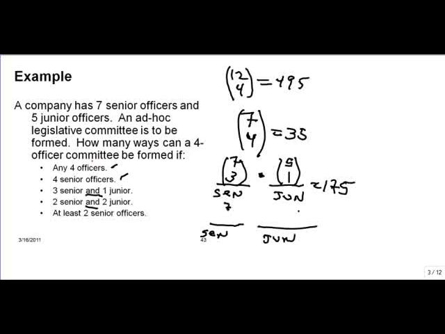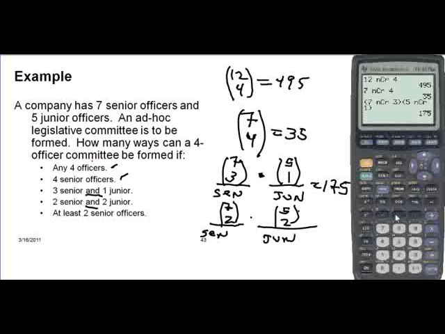How many do I want? 2. Does it matter how I get them? No. So this is a combination. How many junior officers do we have? 5. How many do I want? 2. Does it matter how I get them? No. So order doesn't matter, so there's 5 choose 2 ways of doing that. And again, I just multiply these 2 together.